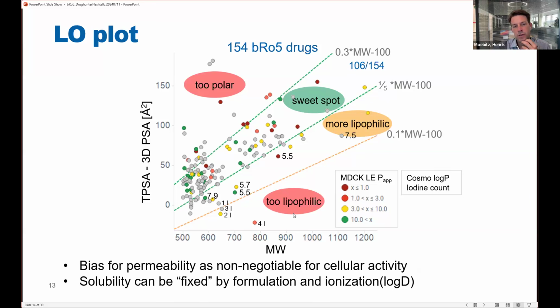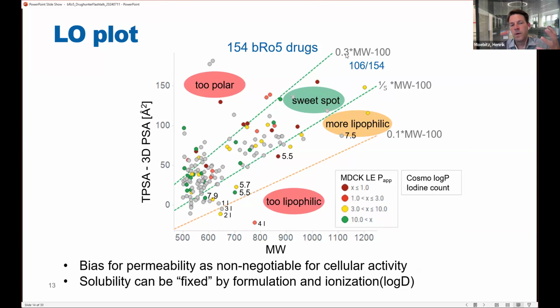So this plot here shows, in essence, the green lines that demarcate the amount of neutral TPSA that can be generated by a polar fraction between 0.2 and 0.3.